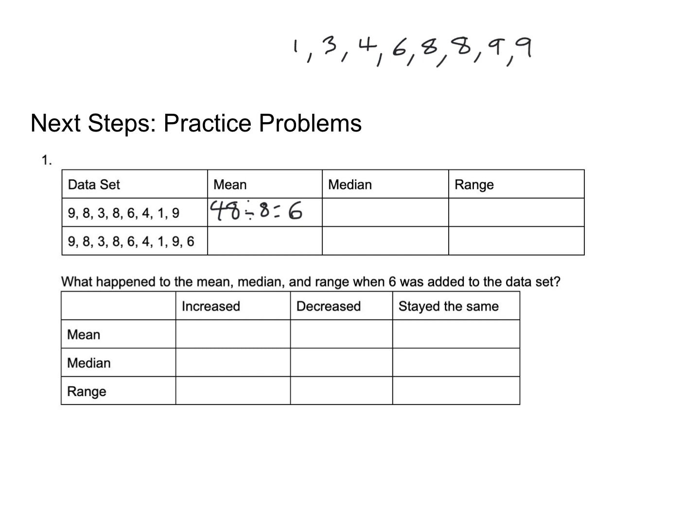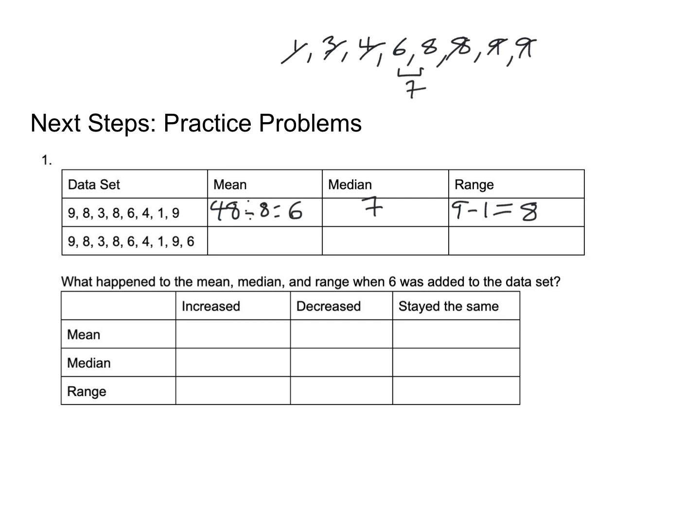So now they're in order. Now I can find the number that's in the middle. I have to think, what is between 6 and 8? The number in between 6 and 8 is 7. So my median here is 7. And then my range is going to be the difference between my highest and lowest number. So 9 minus 1 equals 8.